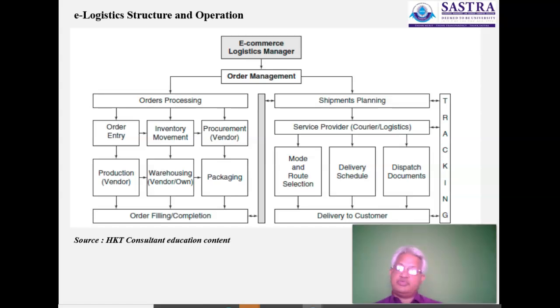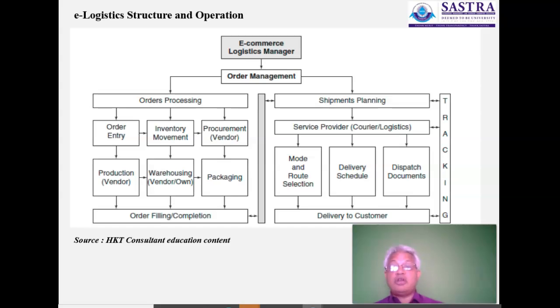Once we receive the order, the entry has to be made in the system. It constitutes inventory movement, that is moving the inventory from one place to another, whichever place to whichever other place is not mentioned, it is just mentioned as movement. It involves procurement from a vendor, that is from an outsider. You can call him a supplier.